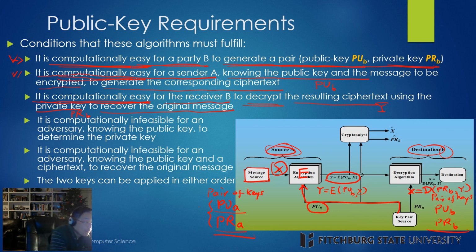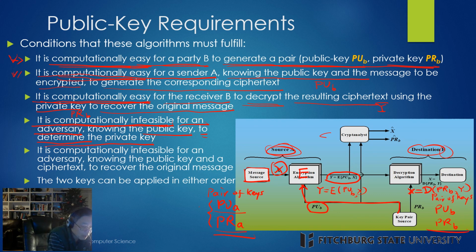Now, the other condition is that it should be computationally infeasible for an adversary. That means when an attacker tries to attack these messages, if they only know the public key, then it's computationally infeasible to determine the private key.